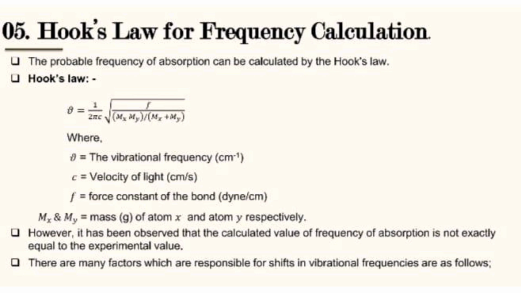However, it has been observed that the calculated value of frequency of absorption is not exactly equal to the experimental value. There are many factors which are responsible for shifts in vibrational frequencies, as follows.